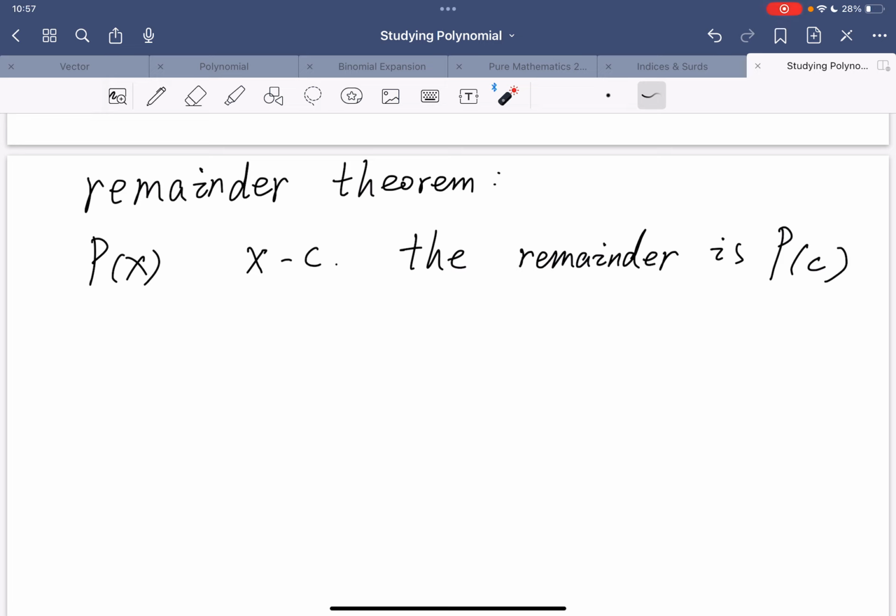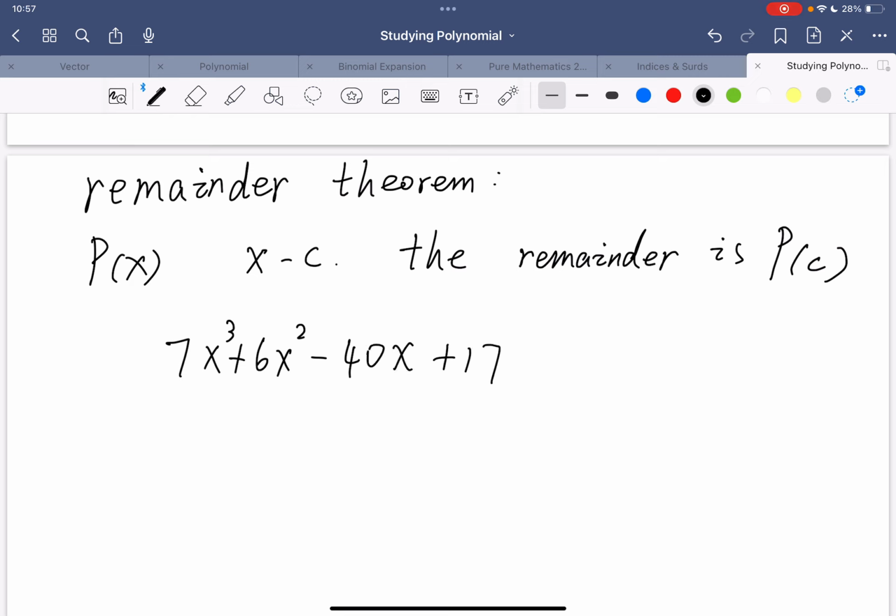Why is that? For example, you can use long division to divide this expression by x plus 3.